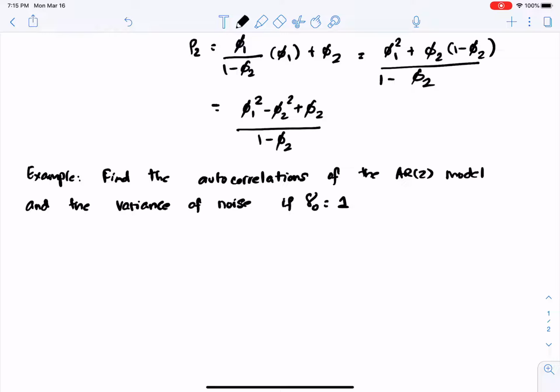So let's say the model is xt equals 0.75 xt minus 1 minus 0.25 xt minus 2 plus at. So we know the values of phi1 and phi2.